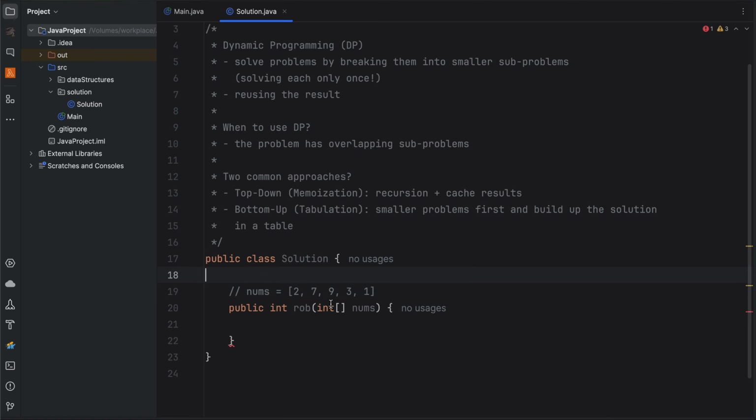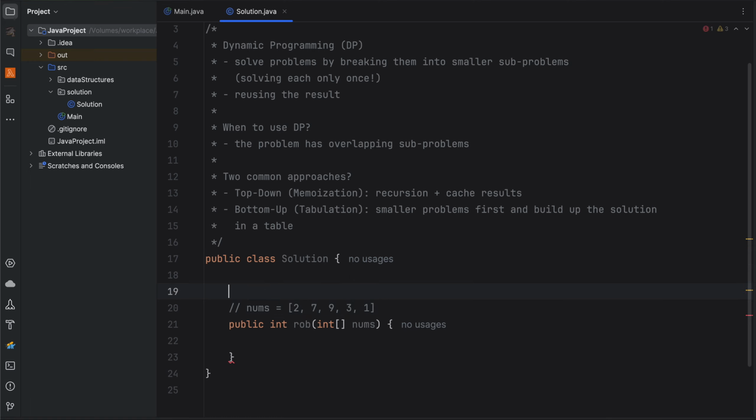This is an example input, and instead of calling these houses first, second, third, etc., maybe we can call them by their indexes in the array. Those indexes will be 0, 1, 2, 3, and 4. So the first house we can call house 0, the fifth house will be house 4, etc.